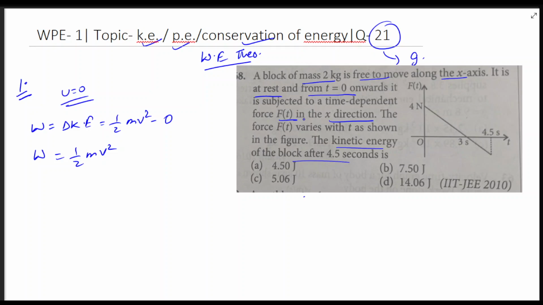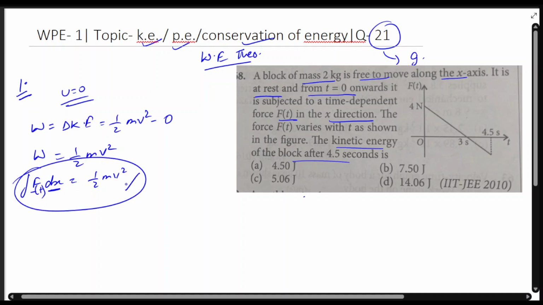Now the force is acting in the x direction, so we'll write here integral of F dx equals half mv square. Now the problem here is F is given in terms of t and we have to integrate with respect to x. Is it possible? No. So this approach is not right. So let's just write the force first.